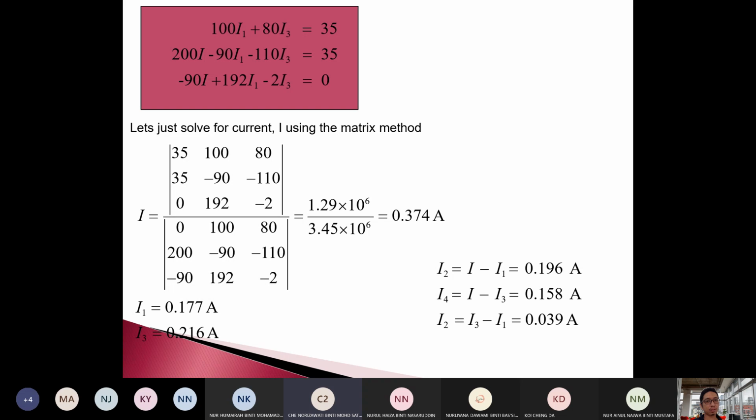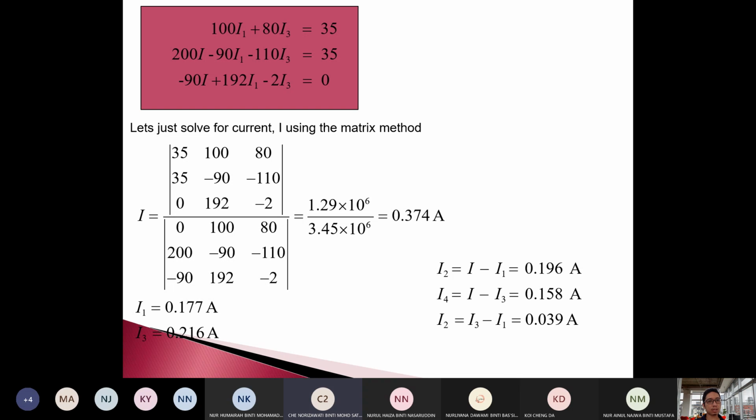Because over here, you need to see how you want to get the I. So this is how you solve it.